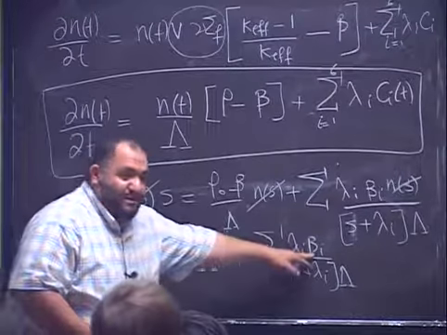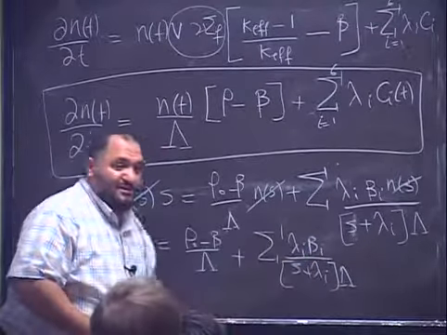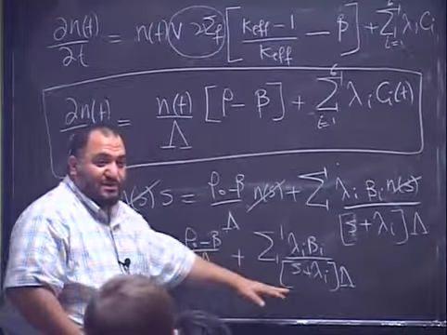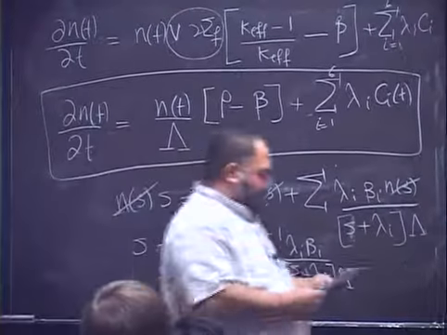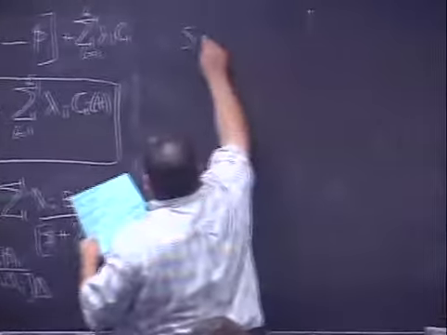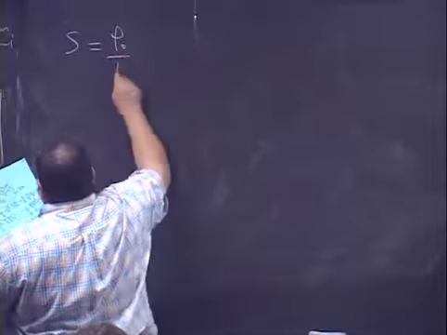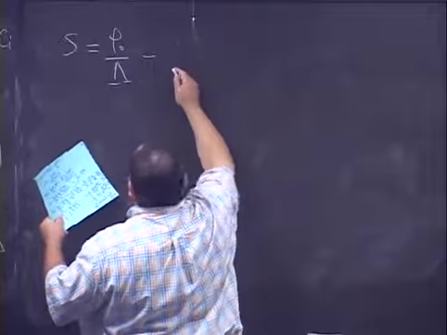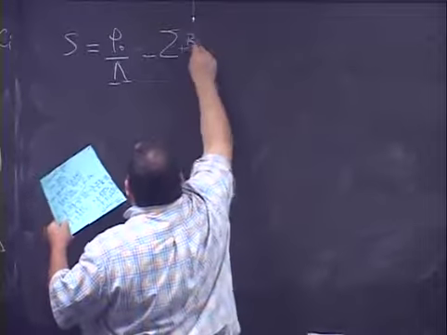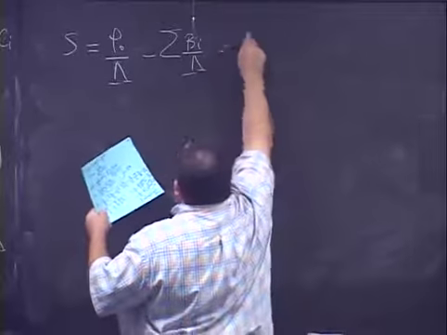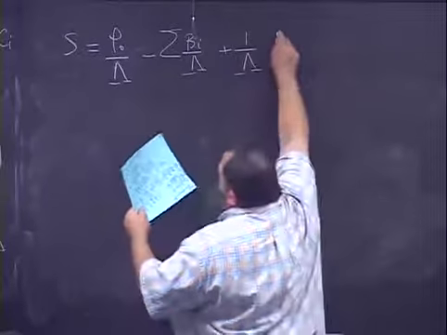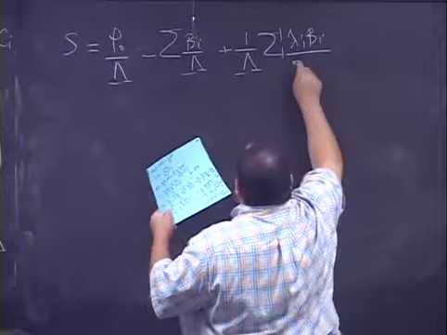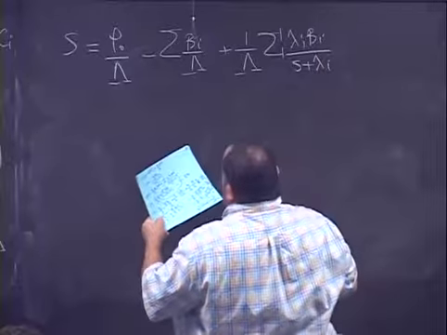And I have here a summation of beta I over gamma, and I'm summing over. So all I will do is unify the denominators. So this will be S equal to rho naught divided by gamma, minus summation of beta I divided by gamma, plus 1 over gamma summation of lambda I beta I over s plus lambda I.